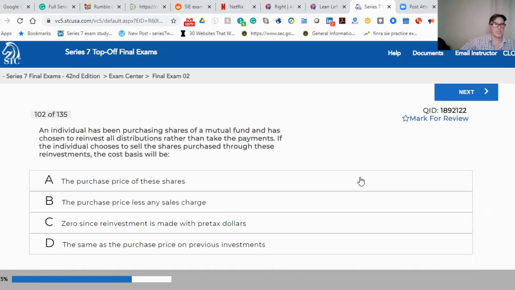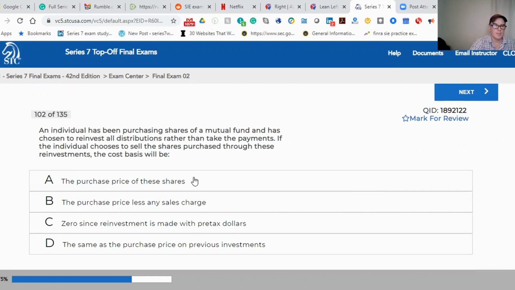An individual has been purchasing shares of a mutual fund and has chosen to reinvest all the distributions rather than take payments. Okay, we know where we might be going with this, because you know that everything about a mutual fund is taxable, even if they reinvest. If the individual chooses to sell the shares purchased through these reinvestments, the cost basis will be, great question, you buy and you pay capital gains taxes on it, the purchase price of these shares.